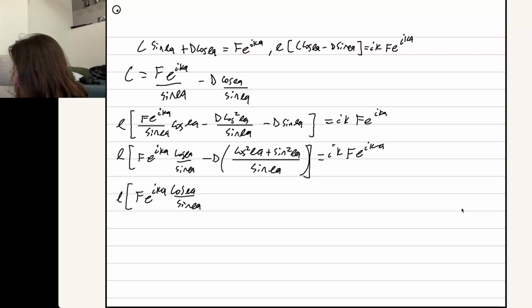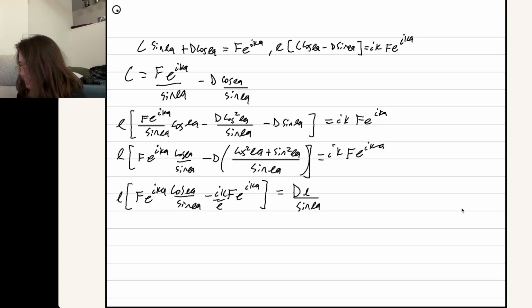And then I'm going to move the stuff which depends on F over to this side, so it's going to be minus ikF e to the ika. And that should be divided by L to make sure it has the same constant. And then on this side is going to be DL times 1 over sine La.